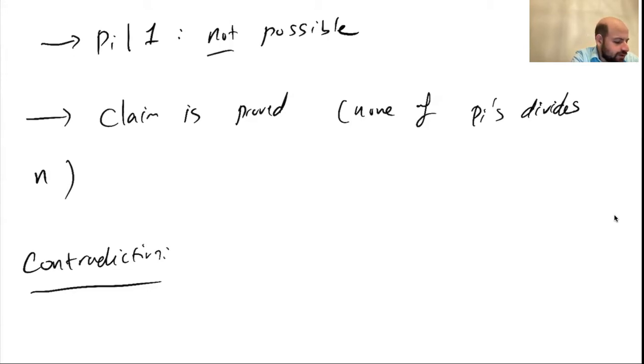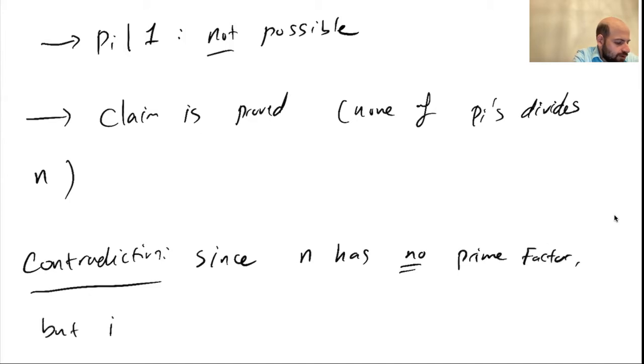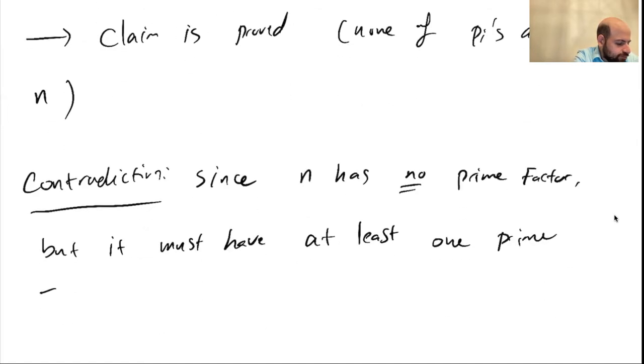So n has no prime factor, but it must have at least one prime factor, according to fundamental theorem of arithmetic.